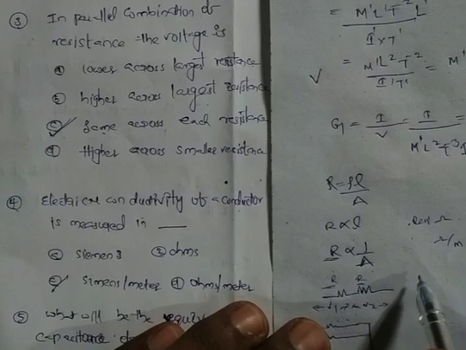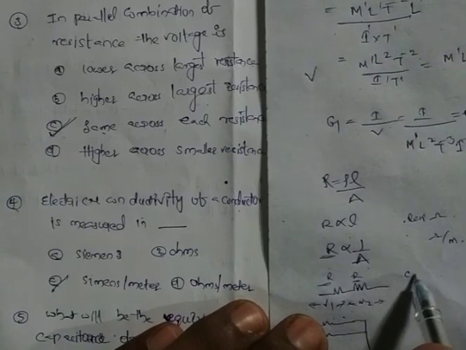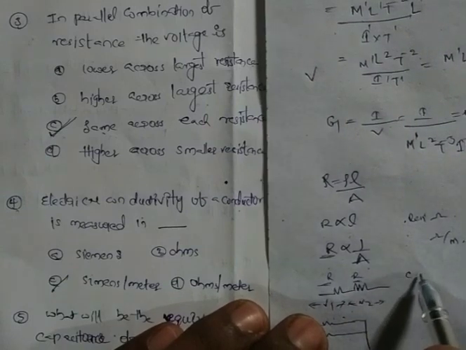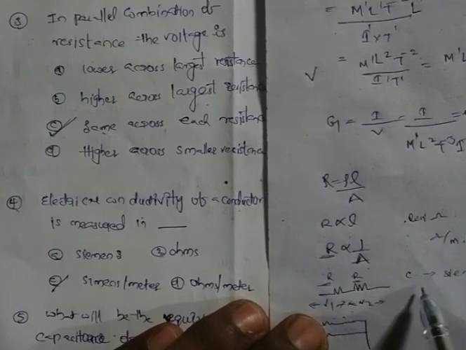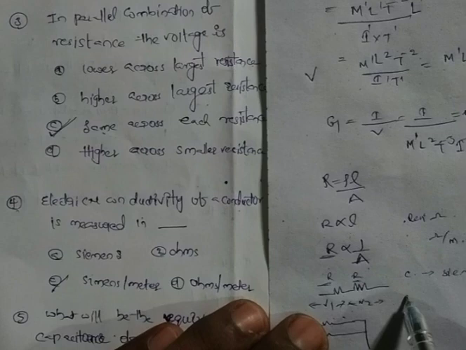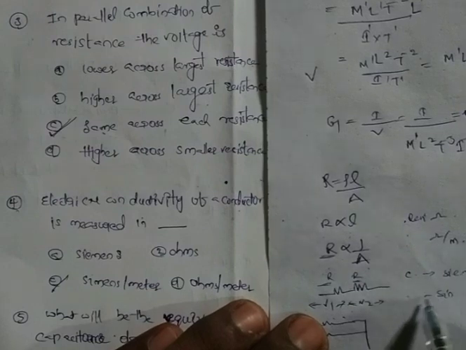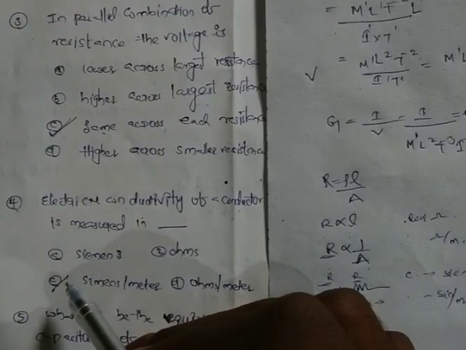Similarly, conductance is measured in Siemens, but conductivity is measured in Siemens per meter. So option C is correct.